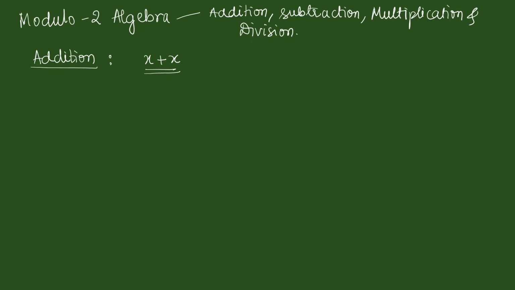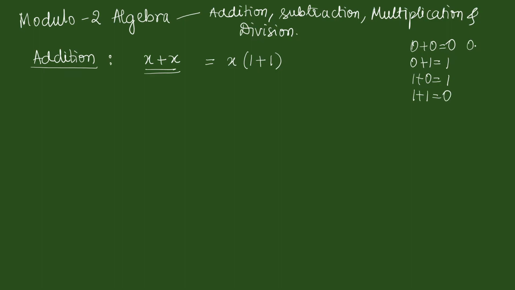Consider x as common: 1 plus 1. So please remember these operations in modulo 2 arithmetic: 0 plus 0 is 0, 0 plus 1 is 1, 1 plus 0 is 1, 1 plus 1 is 0.